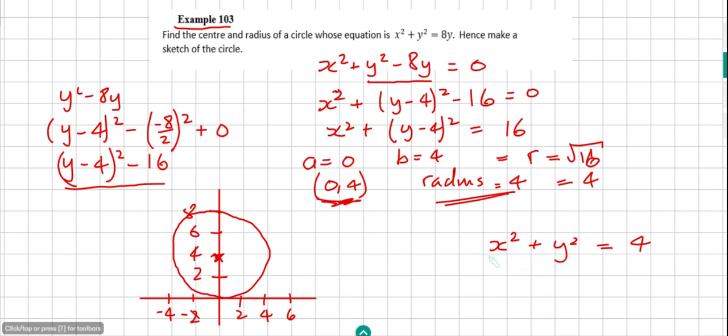But in this case, if there aren't brackets around the x or the y, then this would have a center (0, 0). So when it's not in the form (x minus a) in a bracket and (y minus b) in a bracket, it just means it's centered on the origin. So it's just centered at (0, 0). And the radius here would still be the square root of 4. So it will be root 4, which is 2.